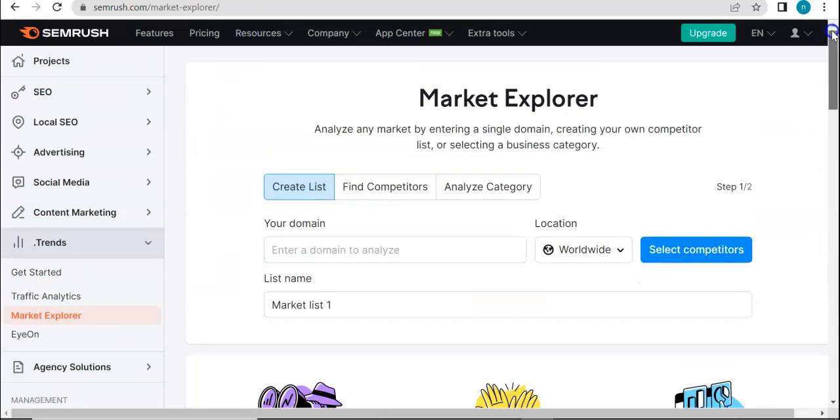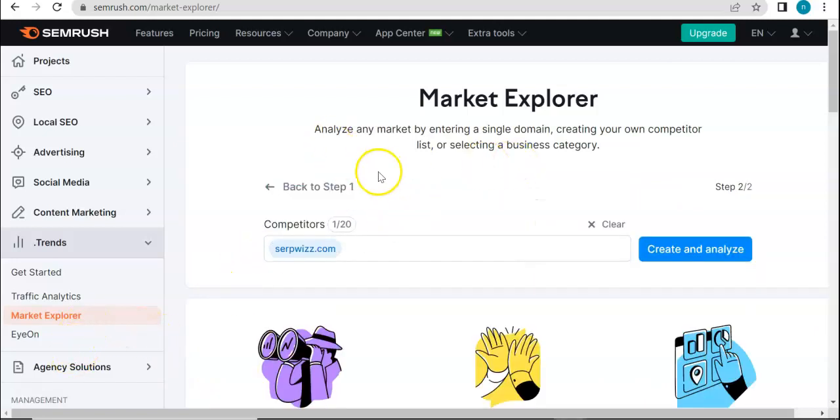So in order to get started, all you need to do is enter a domain to analyze. So let's just use Serpwizz for this part, and then select competitors. I'm just gonna leave this one as market list 1, but if you want to customize a name, then feel free to do that as well. And then let's hit select competitors. That previous one was considered step 1, and this one is for step 2.